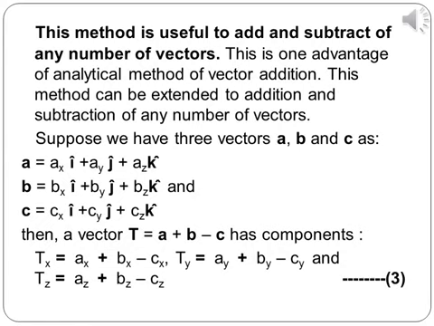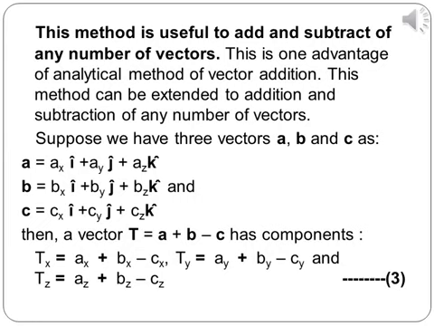Let us take the resultant vector T as vector A plus vector B minus vector C, which has components as Tx is equal to Ax plus Bx minus Cx, Ty is equal to Ay plus By minus Cy, and Tz is equal to Az plus Bz minus Cz, which is the expression 3. How can you do that?